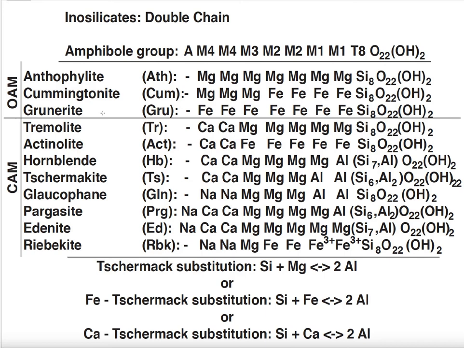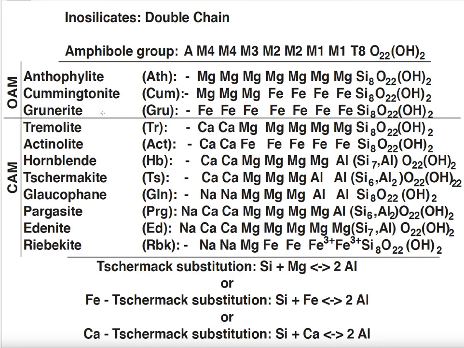So then we are making a Tschermakite, and the Tschermakite is called a Tschermakite because we are making 1 Tschermak substitution more. So then we have again calcium on the M4 spaces, but we have the magnesium only on M3 and on the M2 spaces, and we are putting additionally on the second M1 space an aluminium.